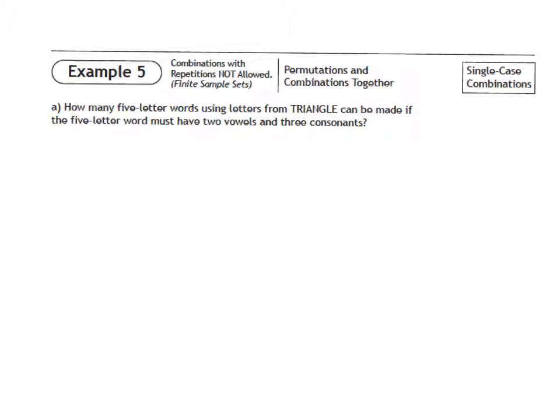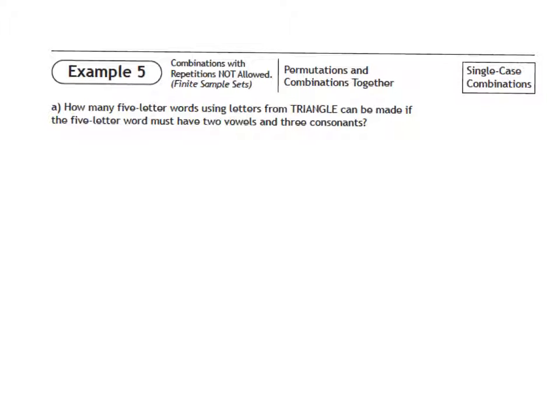Permutations because it's talking about how many 5-letter words, and words are different based on how you arrange the letters, right? So it's an arrangement of 5 letters. But it says it must have 2 vowels and 3 consonants. So we have to choose which vowels and consonants we're using, make a selection of letters, and then look at arranging them into words.